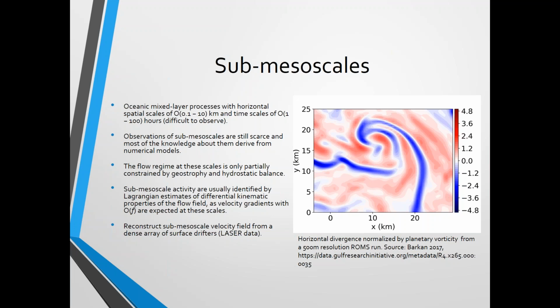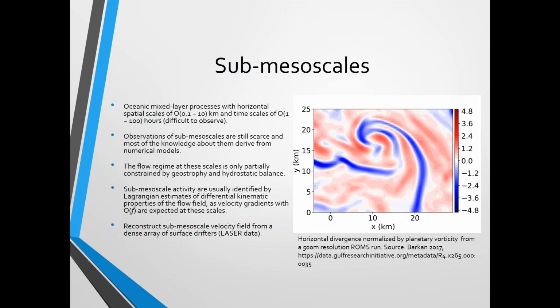These processes occur in the mixed layer, as I mentioned, in areas where you have intense horizontal density gradients, and because they are relatively small scale and they evolve very fast, they are hard to sample, they are hard to observe.